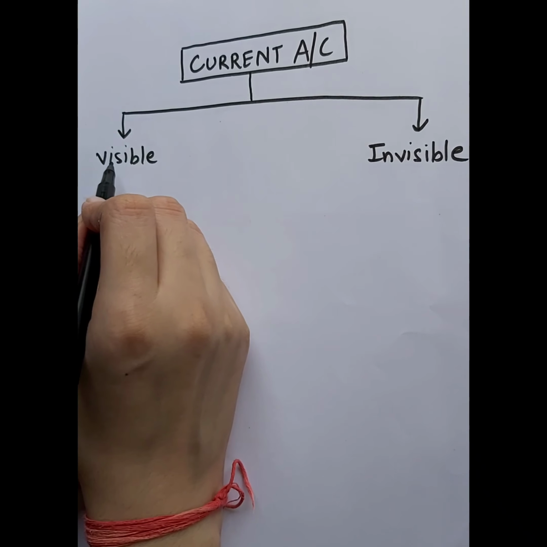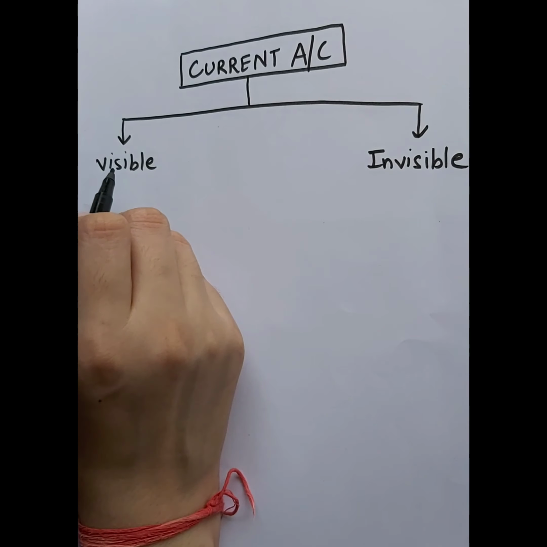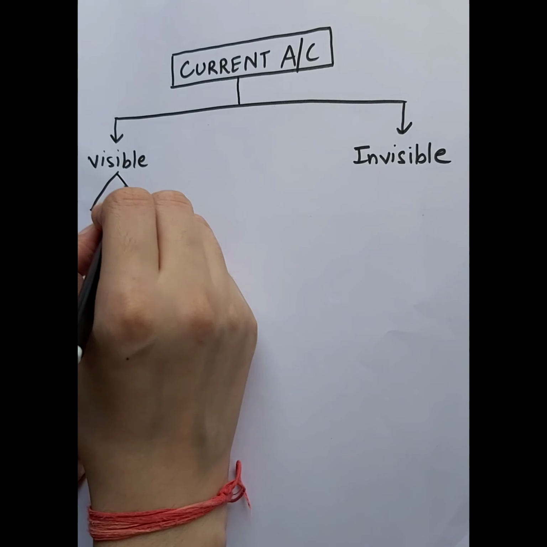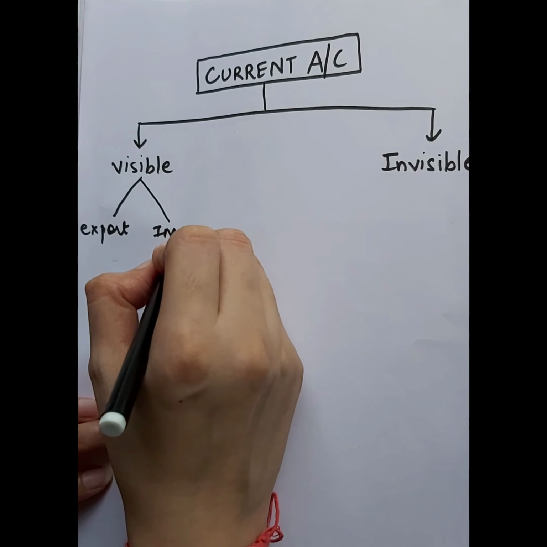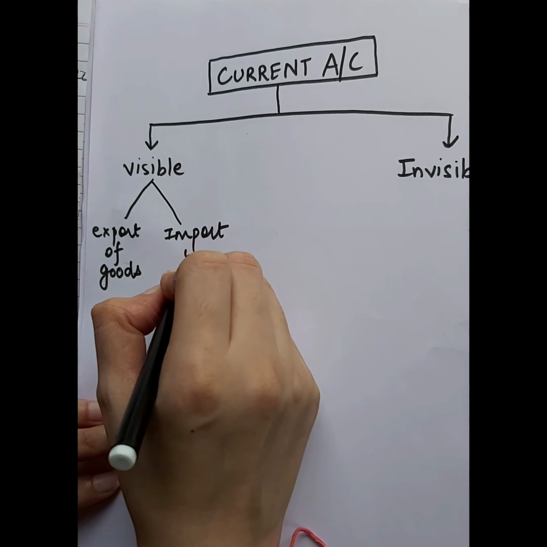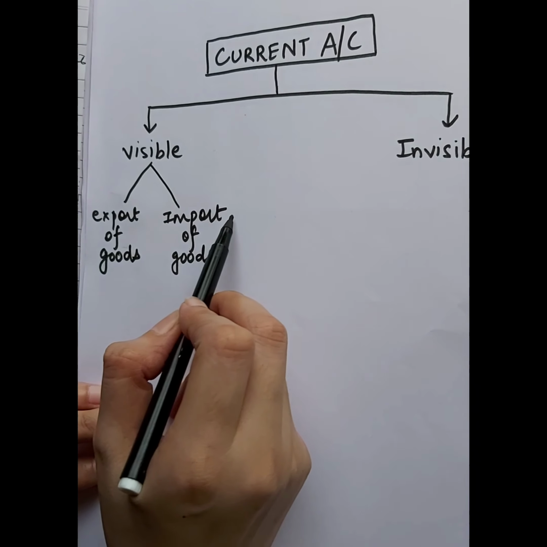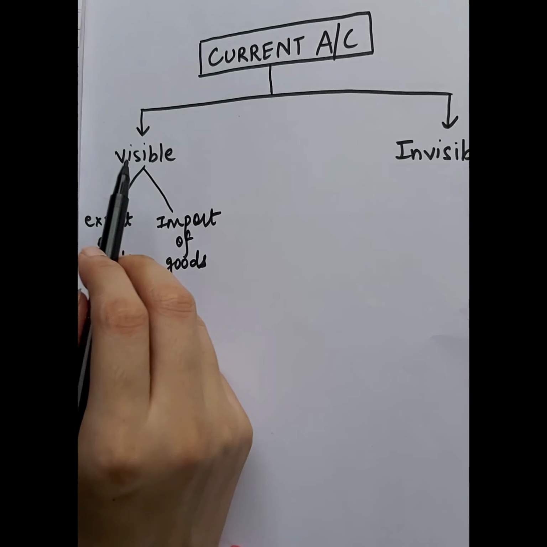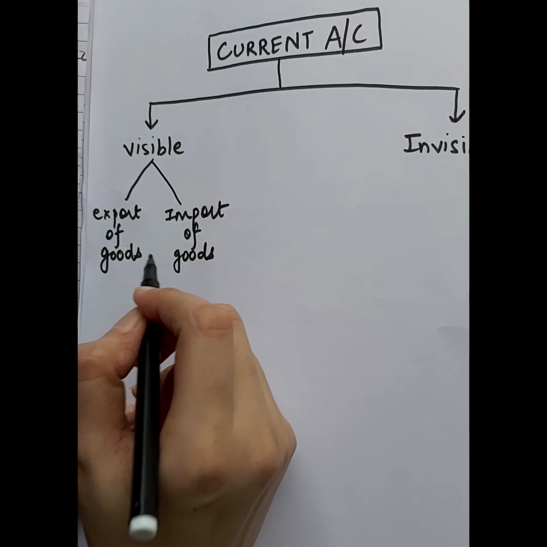With the name we can understand that visible means the things or transactions that we can actually see. So this includes export of goods and import of goods. If we are exporting and importing any goods from one country to another, these are visible because goods are tangible things that we can actually see.